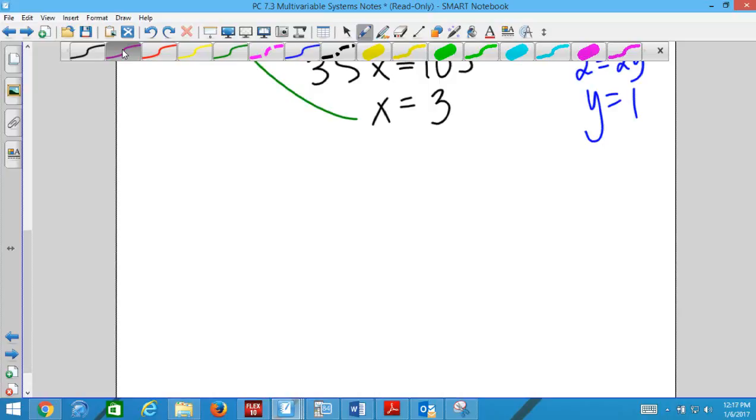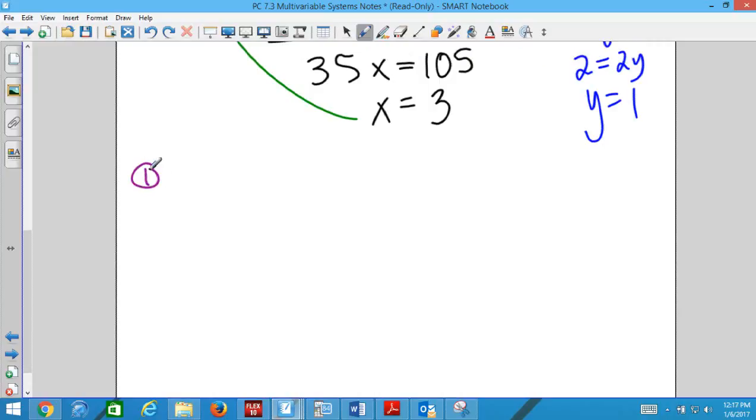Okay, so we're going to plug in x is 3. I'm just going to use the first equation. 3 minus 3 times 1 plus z equals 2. So z is 2. Is that true?